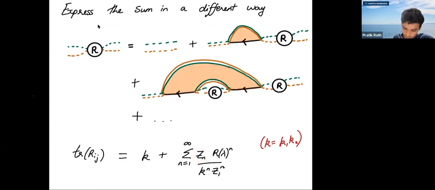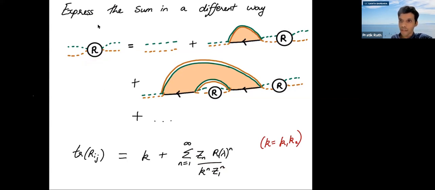Correspondingly we have powers of R: with one boundary, one R; with two boundaries, two Rs, and so on. So there's an R to the n. And for normalization purposes, there are powers of K and Z1.